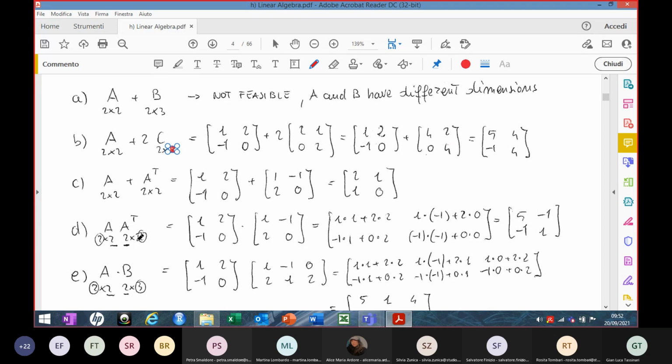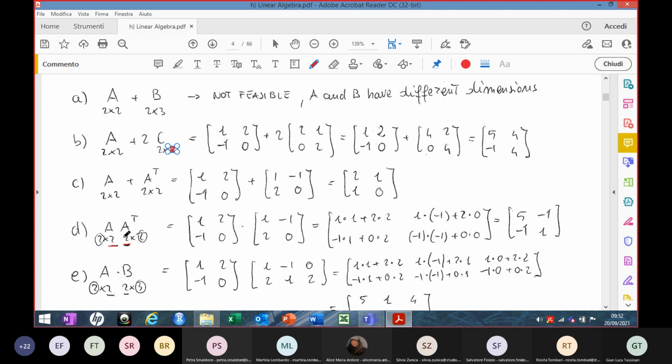So what you have to look at, the product is feasible, as I told you, if the number of columns of the first matrix is equal to the number of rows of the second matrix. So you see that I checked first these two numbers. For this reason, I did this small line below.